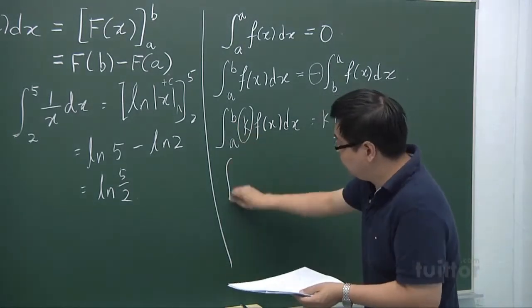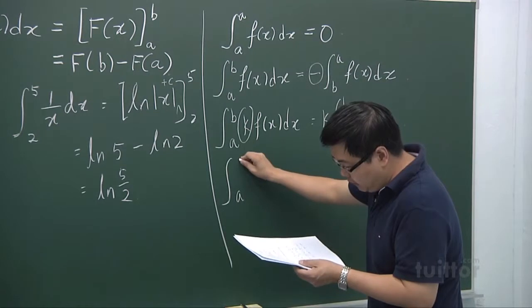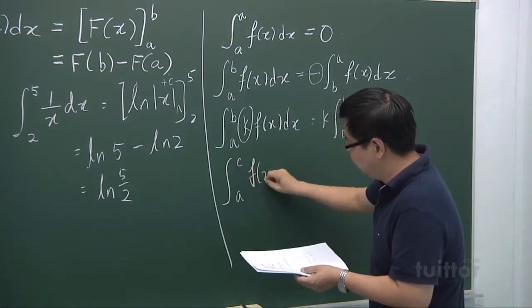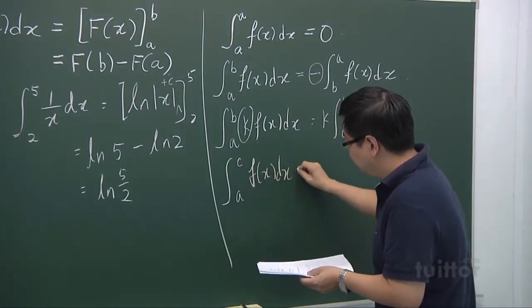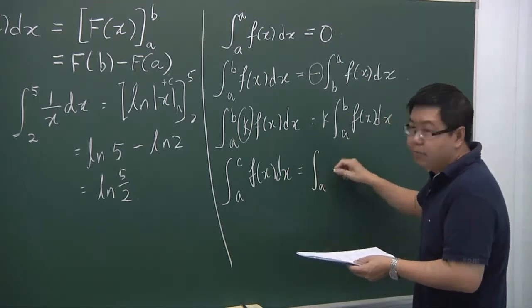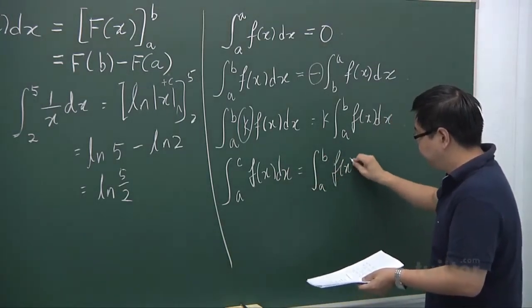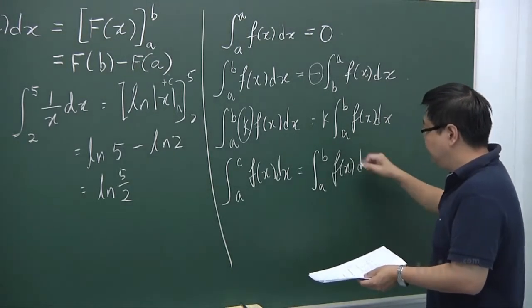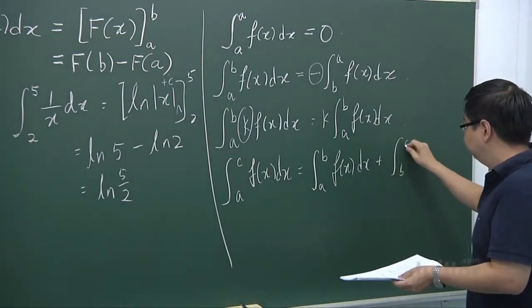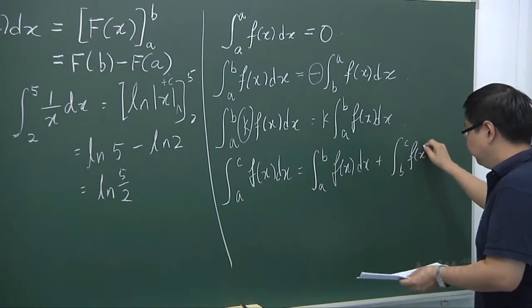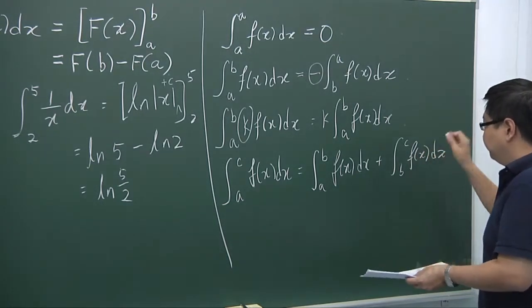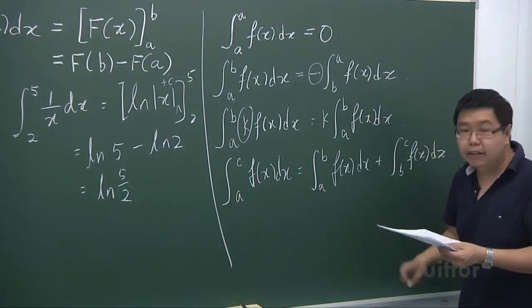And the fourth one says that we can split up a definite integral into two parts, or more than two parts as well, as long as the b is the same for both. Okay, so that is the other rule.